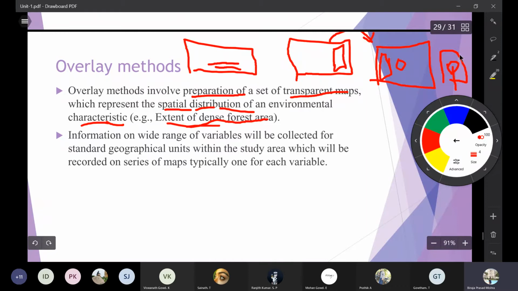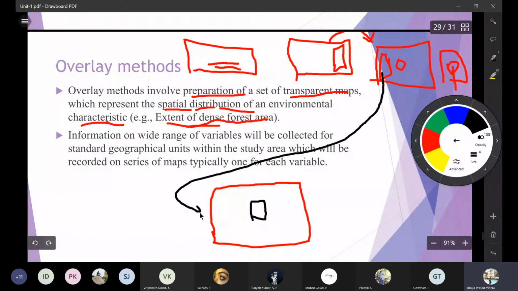Okay, so if we overlap everything, how is this going to look like? Let's say this is the transparent sheet. Okay, this black one is the project. Now this one will come here. Okay, and so let's represent it with green.